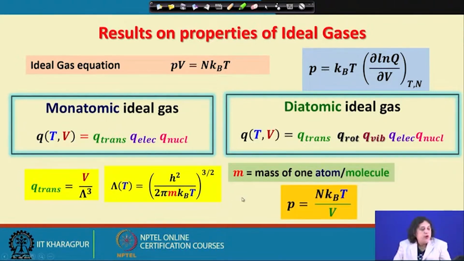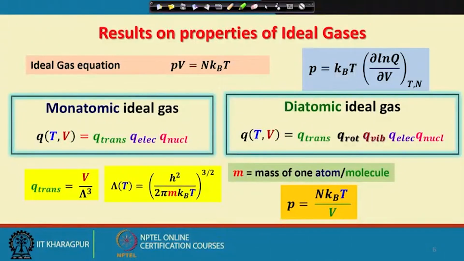Now, if we use this, then taking a natural logarithm of Q trans and then estimating the derivative directly gave us the pressure in terms of n kBT by V. We have already done this derivation.